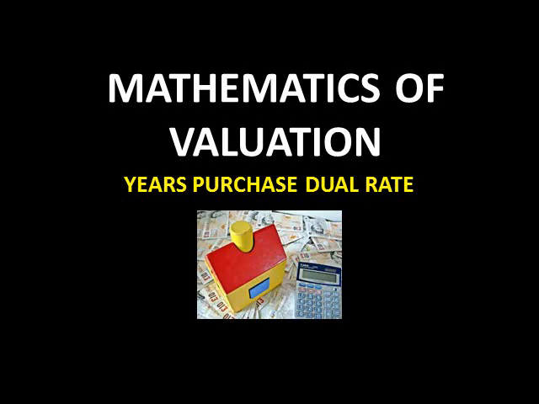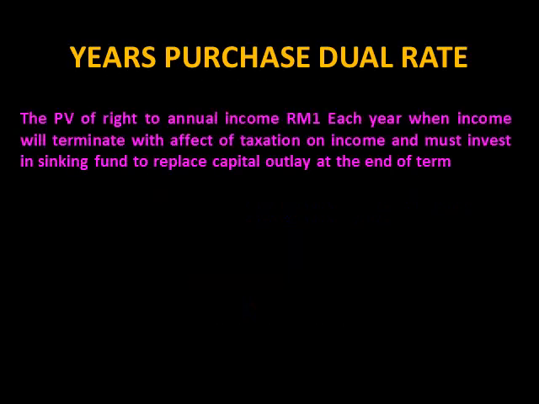So, we will continue our mathematics evaluation again. This is the last topic, which is years purchase dual rate, or we also call it YP dual rate. YP dual rate is the PV of the right to receive an annual income of RM1, for example, each year, when the income will terminate, with the effect of taxation on income, and must invest in a sinking fund to replace the capital outlay at the end of the term.